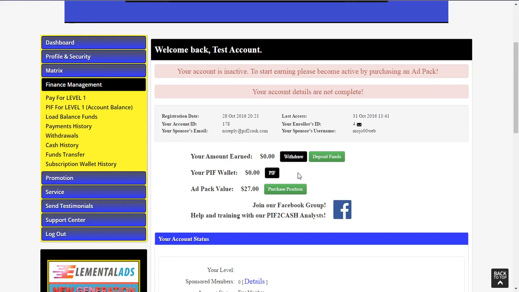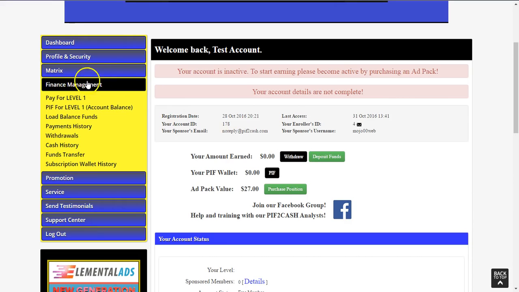It will always start out with free members first, and then you can select any of your upgraded members. You can select any of your free members. If you have 3 free members, you can select any one of those 3 to give away a PIF, and that can be a choice that you make. Eventually, you'll be down to just a few choices and then one choice, and that will be how you get all of your free members upgraded into PIF2CASH.